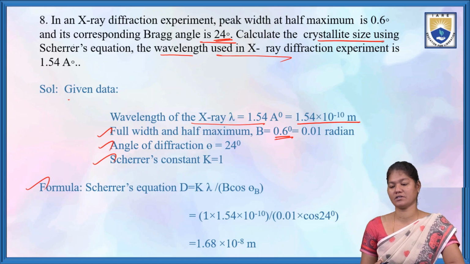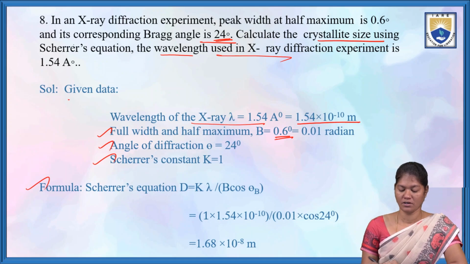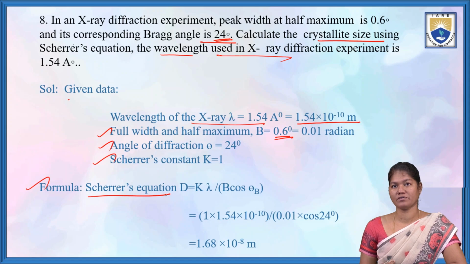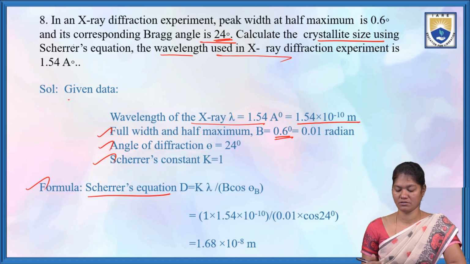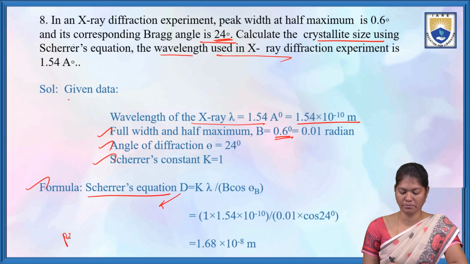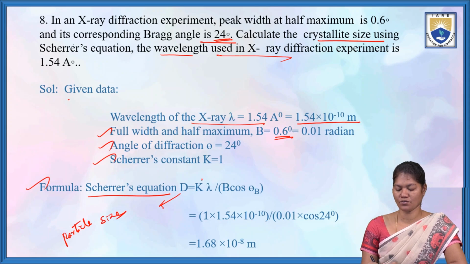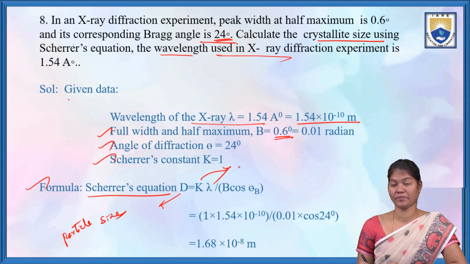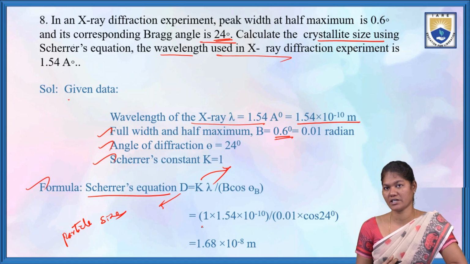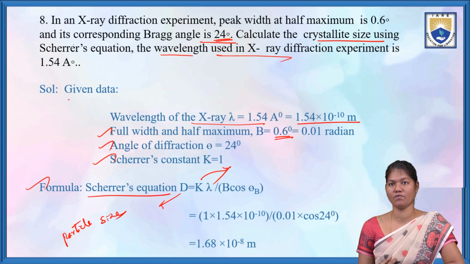From the formula to calculate the size of the crystallite, Scherrer's equation, D is equal to K lambda by B cos theta. D is the particle size. K is Scherrer's constant, which for crystalline solids is 1.